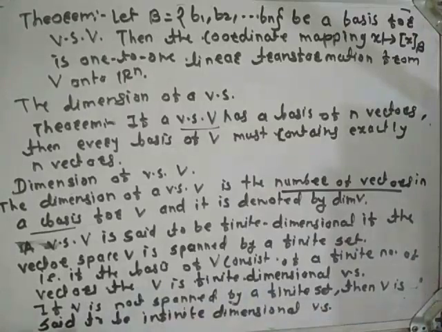Or if the basis of V consists of an infinite number of vectors, then we say that V is an infinite dimensional space. The dimension of the zero vector space is 0.